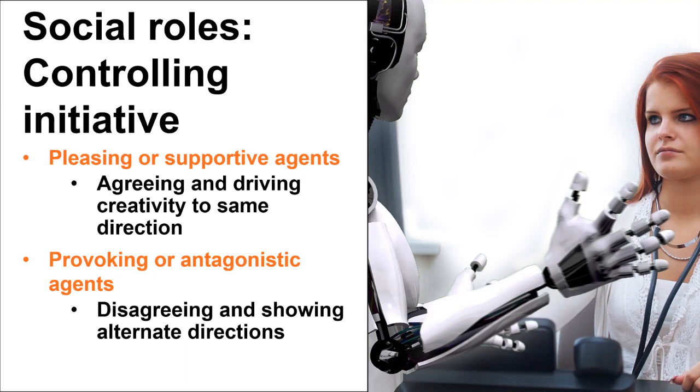So there can be, for example, pleasing or supportive agents that conform to the human's viewpoints of the art that is created during the co-creative process. But there is also the opposite view of taking a provoking or antagonistic position that tries to argue with the human about the creative artifact that is being created in order to promote creativity that way.